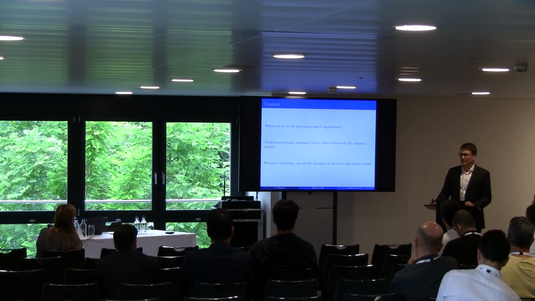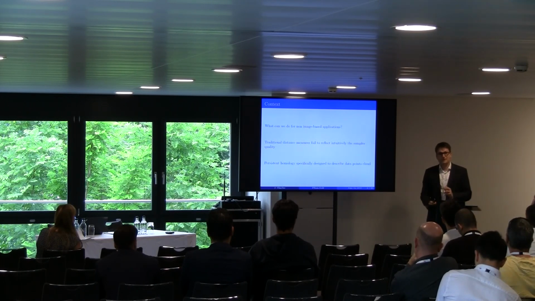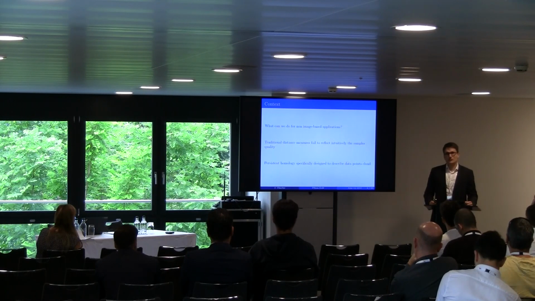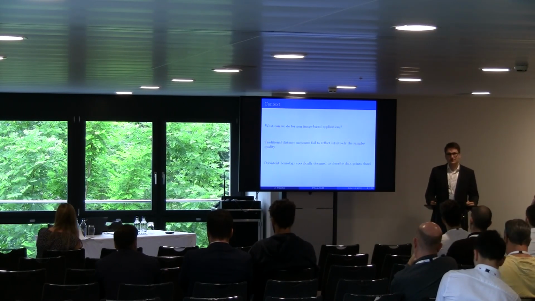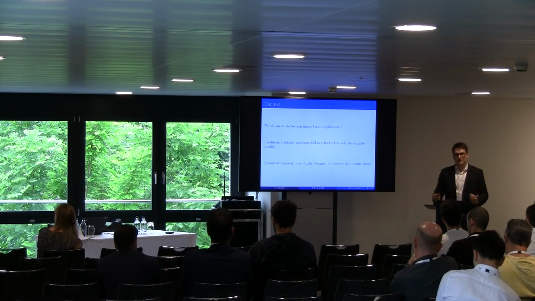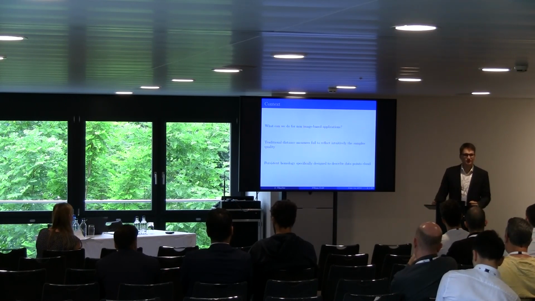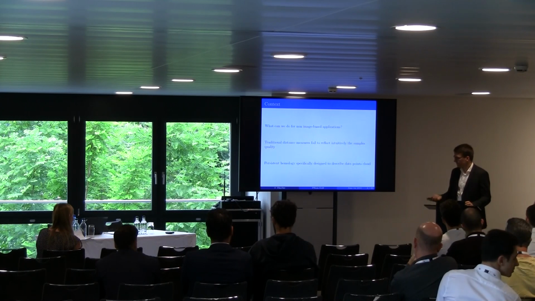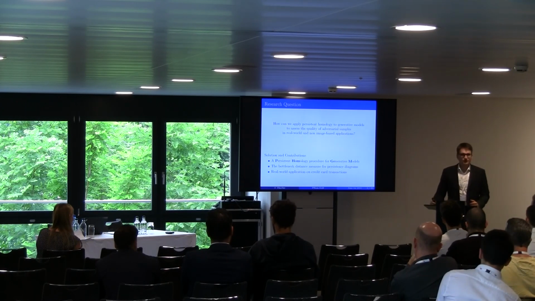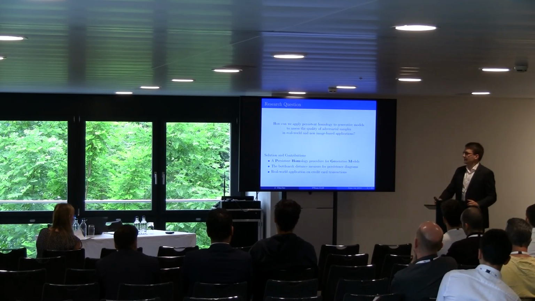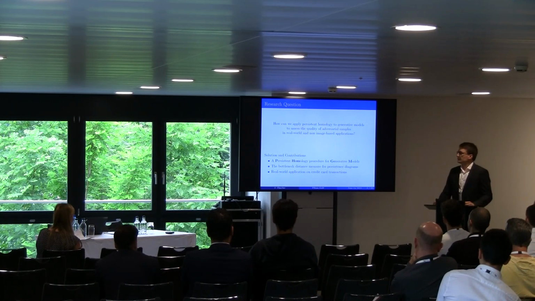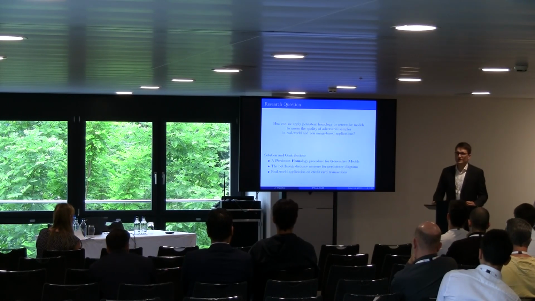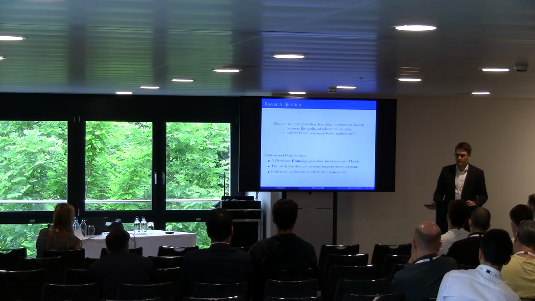Persistent homology is a field of mathematics specifically designed to describe data point clouds. It is a very numerical application, and you can visualize your data point cloud. So this brings the research question: how can we apply persistent homology to generative models to assess the quality of adversarial samples in a real-world and non-image-based application?